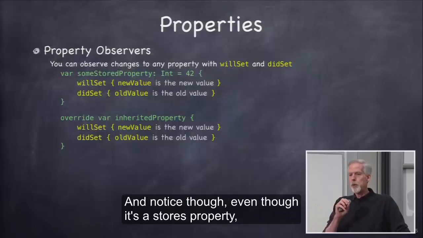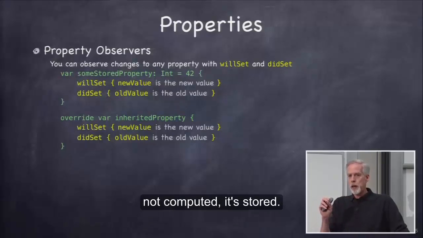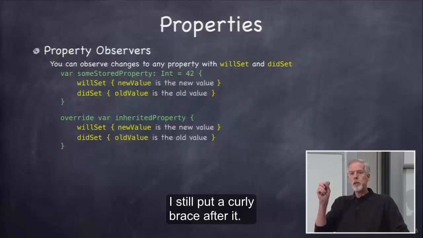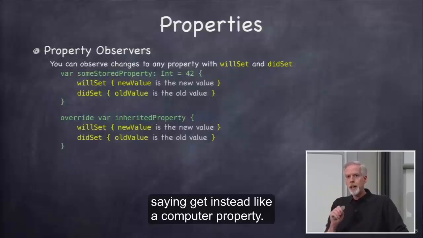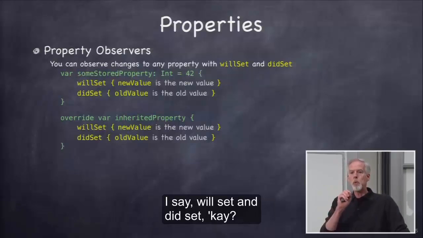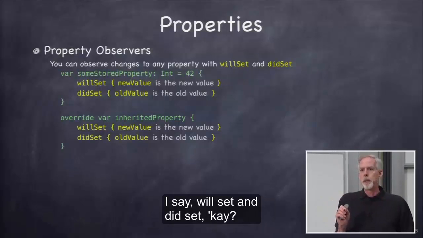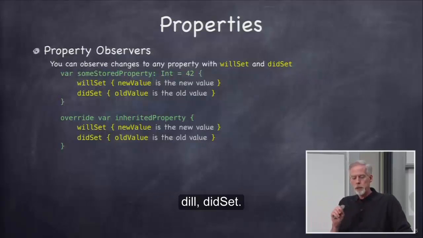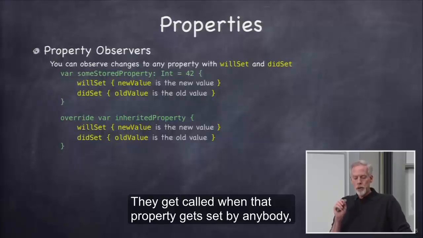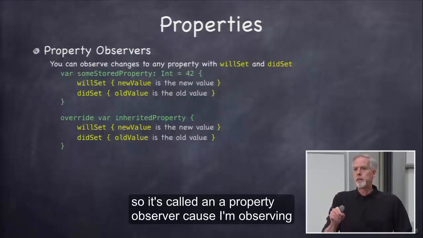And notice though, even though it's a stored property, not computed, I still put a curly brace after it. But in that curly brace, instead of saying get and set like a computed property, I say willSet and didSet. So these are little pieces of code inside the willSet and didSet. They get called when that property gets set by anybody.